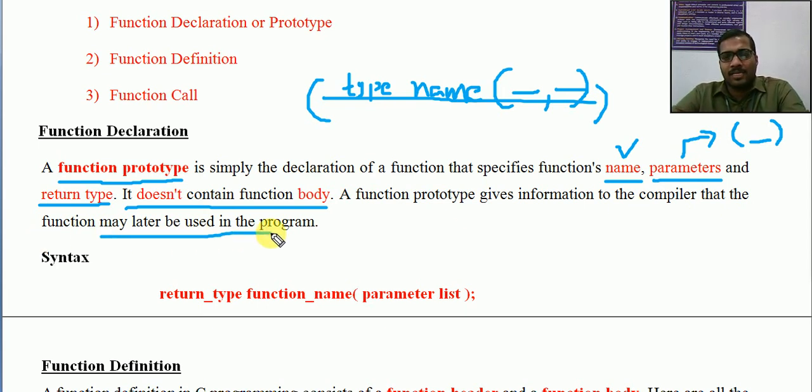Int x, I am declaring x because it is giving an intimation to the compiler that x will be used in this program later. Similarly, if I am declaring a function, it is an indication to the compiler that the function will be used in this program later.